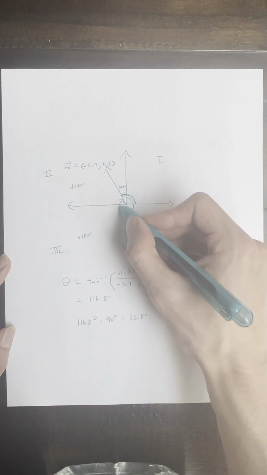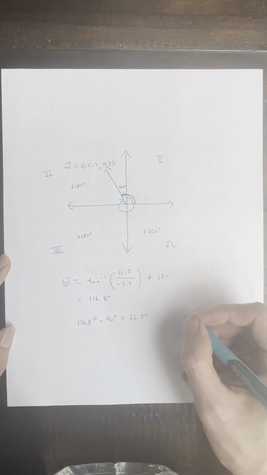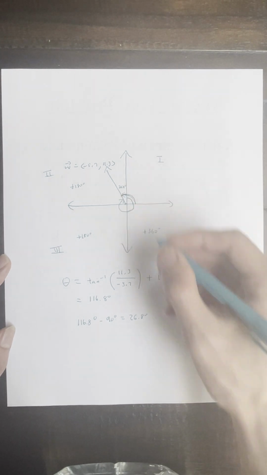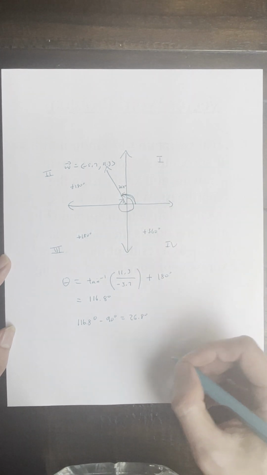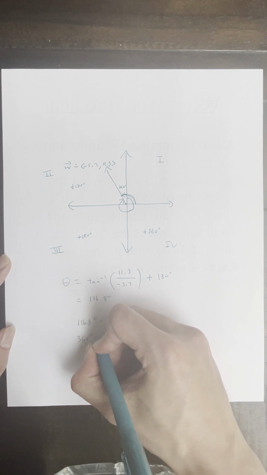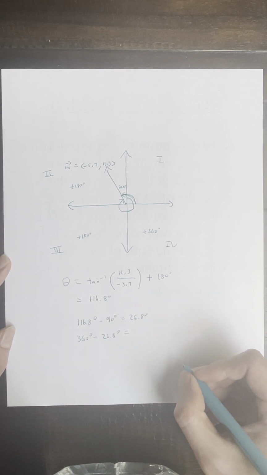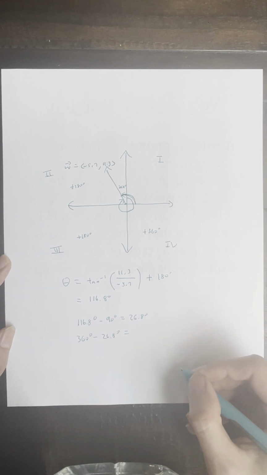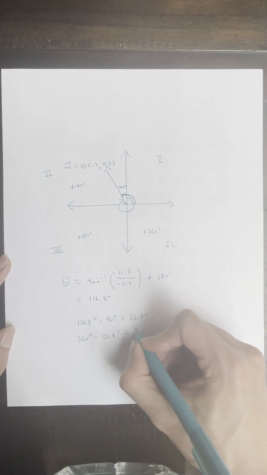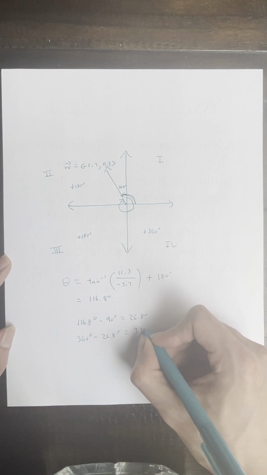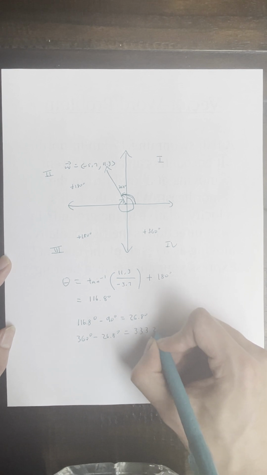Well, this plus this is a full circle. So to get this angle, what should we do with 360 and 26.8? We need to subtract. Okay, so that's going to be 333.2 degrees.